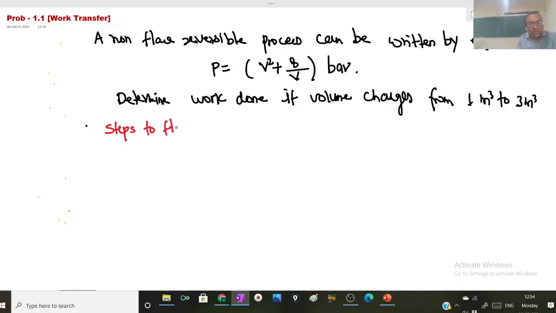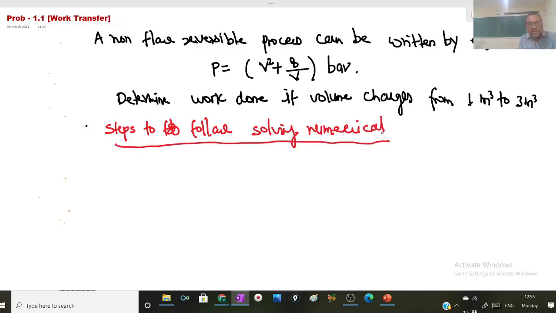Steps to follow in solving numericals. If you go by this way, even if your numerical calculations get wrong, you will get full marks because the evaluator will presume that you know the concepts.